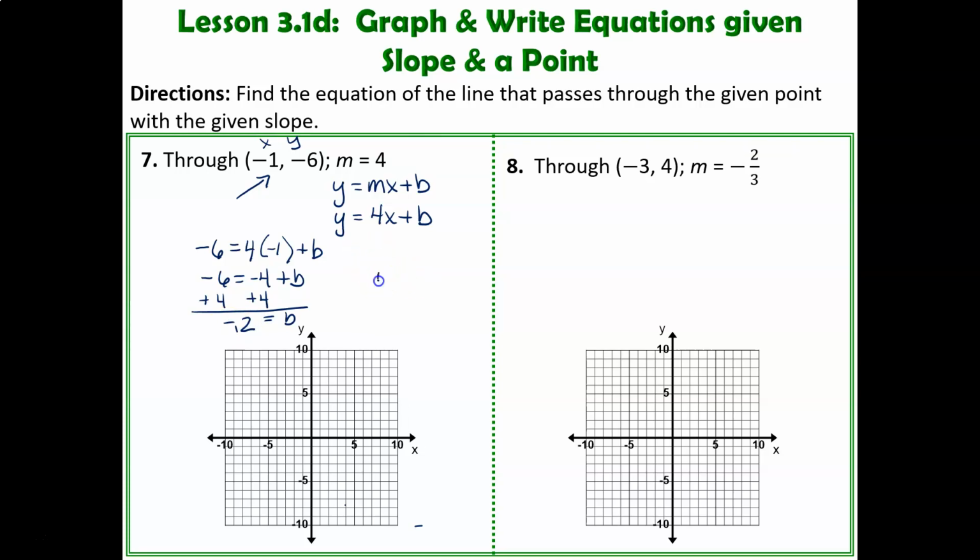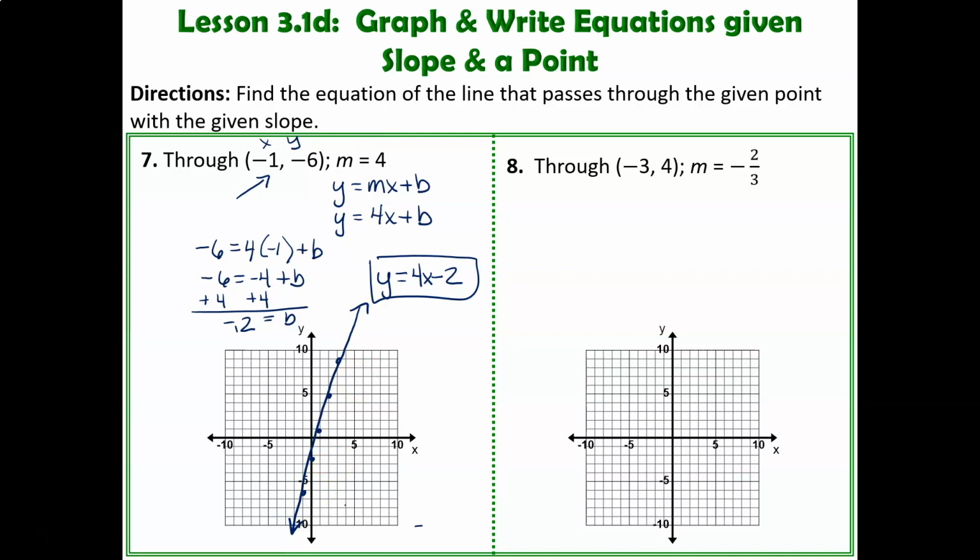So here's my new equation: y equals 4x minus 2. You don't have to graph it, but now you have your equation in slope-intercept form.